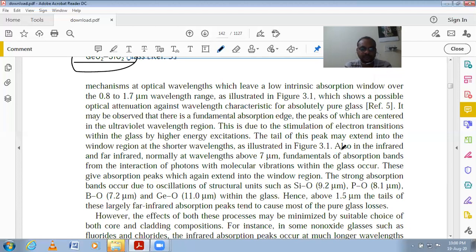It may be observed that there is a fundamental absorption edge, the peak of which is centered in the ultraviolet wavelength region. This is due to the stimulation of electron transitions within the glass by higher energy excitation. The tail of this peak may extend into the window region at the shortest wavelength, as illustrated in figure 3.1. Also there is infrared and far infrared absorption at wavelengths above 7 micrometers.